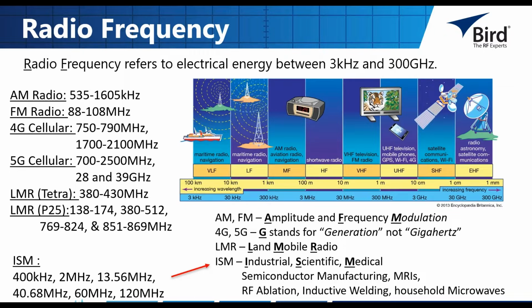Everything in our 4G cellular communication, and now including 5G, where we're going all the way up into 28 and around 40 gigahertz. Some of the LMR bands for land mobile radio span from around 100 megahertz all the way up to almost 900 megahertz.